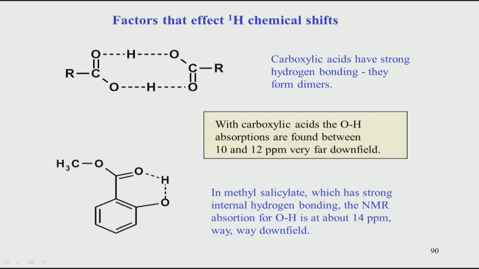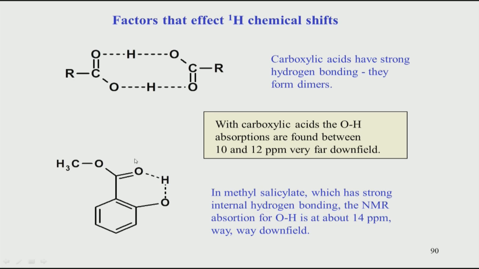As I mentioned in the last class, the hydroxyl, the H atom of the carboxylate group, comes at a very downfield shift around 10 to 12 ppm, and it is very easy to recognize them when you see them in an NMR spectrum, and that it is coming from carboxylic acids. You can also have an intramolecular hydrogen bond such as in salicylate, here methyl salicylate, or you can have an intermolecular hydrogen bond as shown here.